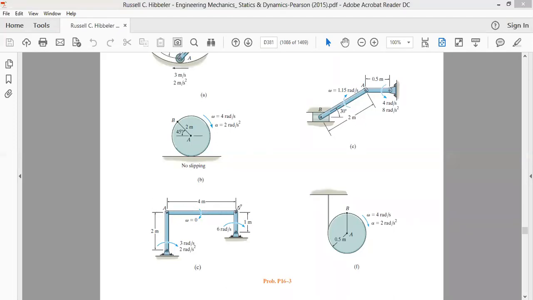What we have to do is find the acceleration of B in terms of the acceleration of A. We have to write the acceleration equation of point B in terms of the acceleration of point A. But point A is itself attached to some point.